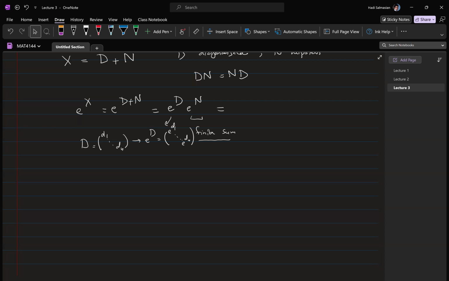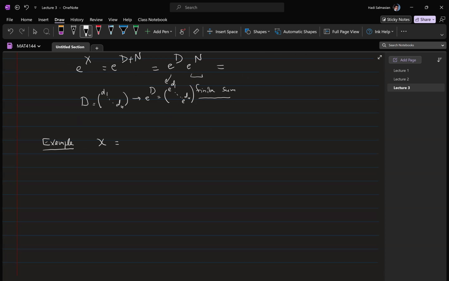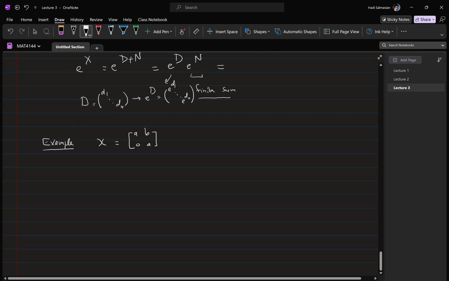So let's take this matrix. Here's an example. So x equals a, b, 0, a. If b is non-zero, then X is not diagonalizable.